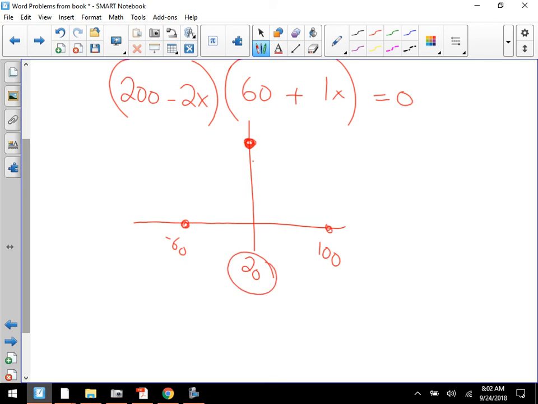I put it in brackets. So in your calculators, you can do 200 minus 2 times 20 times, well, 60 plus 20. It's not terrible. What's 200 minus 40? 160. So you have 160, and then you're multiplying that by what, 80?